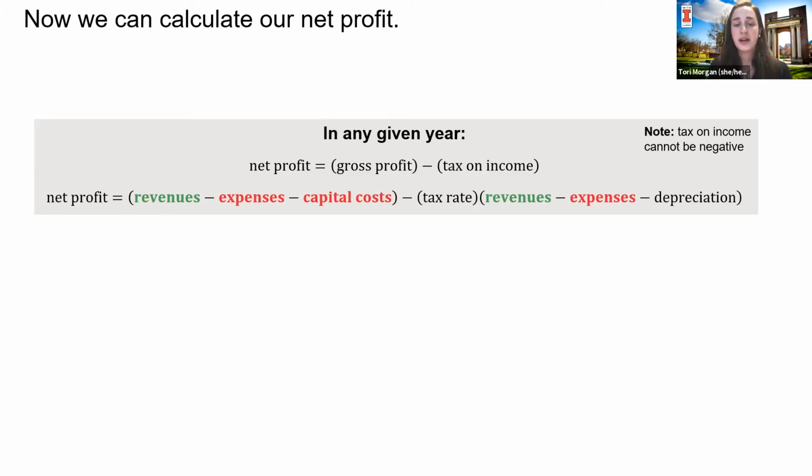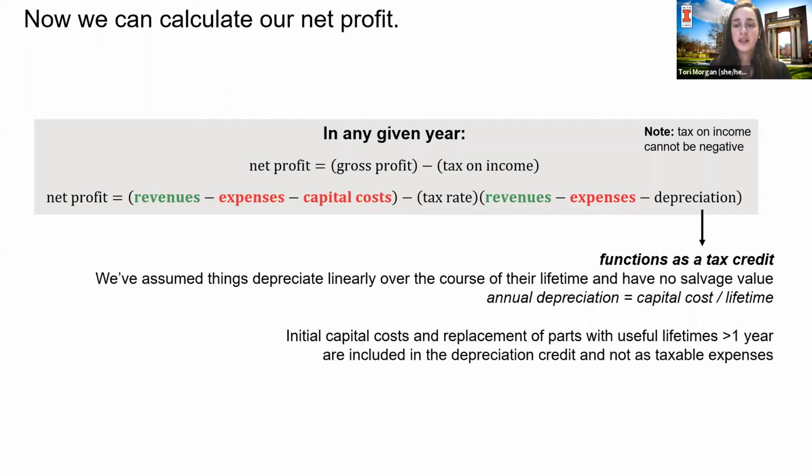And that's subtracted by the tax rate times revenue minus expenses minus depreciation. And tax on income cannot be negative. Depreciation functions as a tax credit. So we assume things depreciate linearly over the course of their lifetime and have no salvage value. Then annual depreciation equals the capital cost over the lifetime.